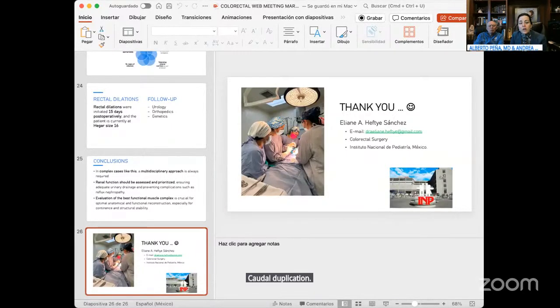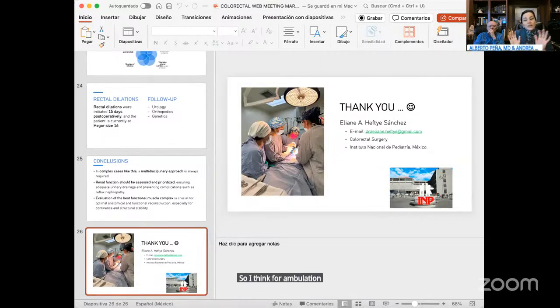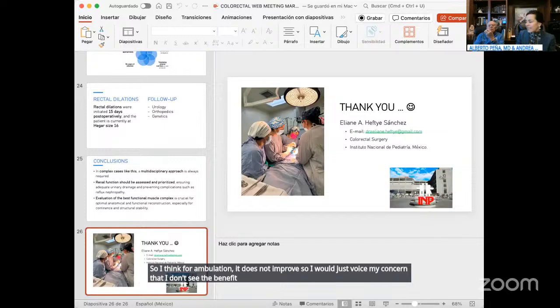But I honestly don't see the benefit of closing the symphysis, because in all cases in which they close it, in the later x-ray you will see that it's separated again. So I think for ambulation, it does not improve. So I would just voice my concern that I don't see the benefit of closing in a patient like that. Do you want to comment?